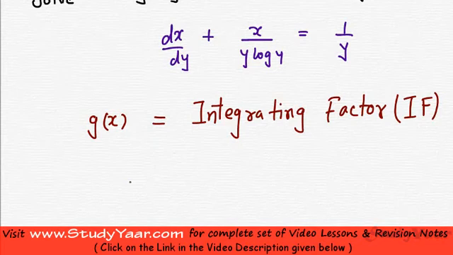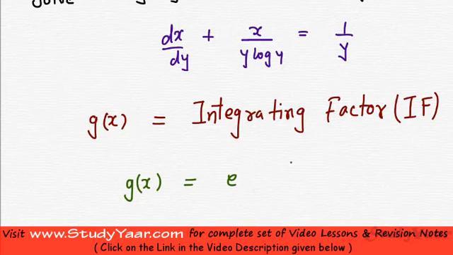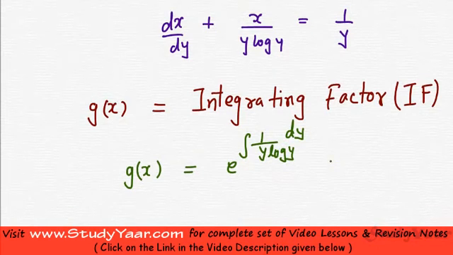So in this case my g(x) is e raised to power integral p(x), which is e raised to power integral 1 upon y log y dy. Since we have dx by dy, we are going to have a dy over here. So this is my g(x), also known as an integrating factor.